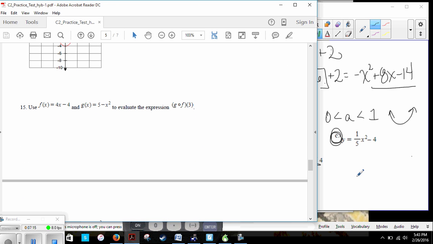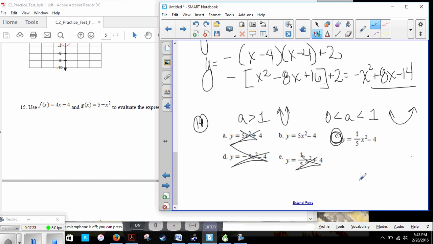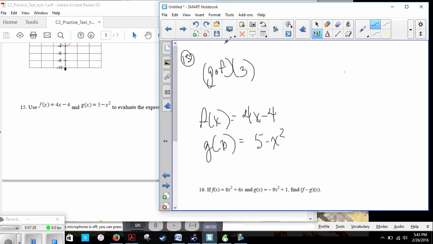Using 4x minus 4 equaling f of x and g of x being 5 minus x squared, evaluate the expression g of f of 3. With composite functions, you take the second one and you put it into the first one. So anywhere I see an x in my g, I'm going to take the x out and plug that in.